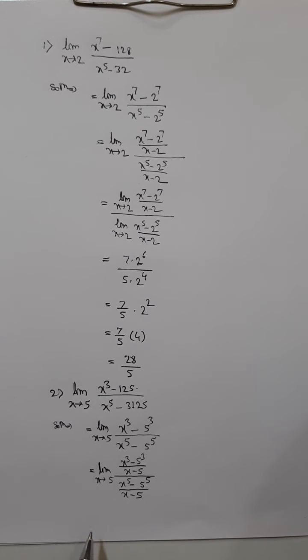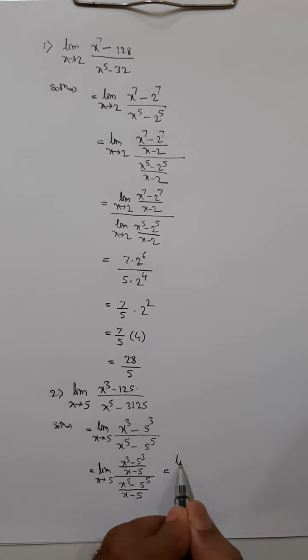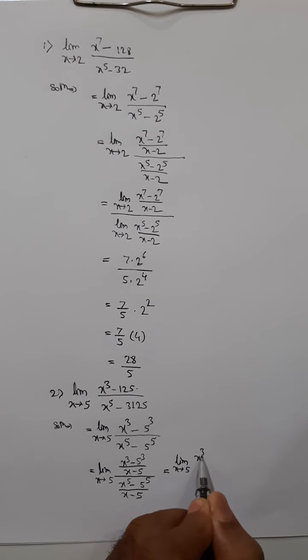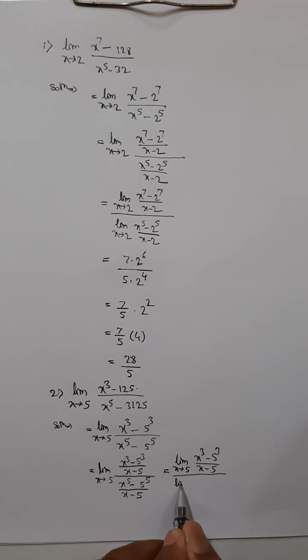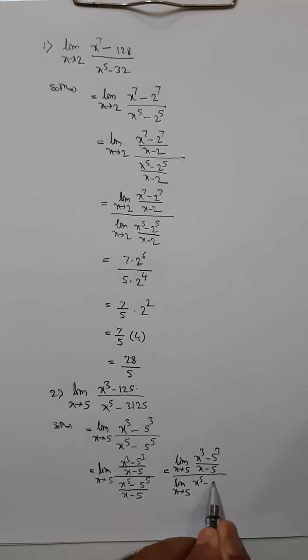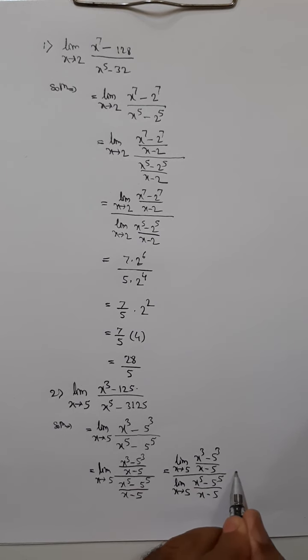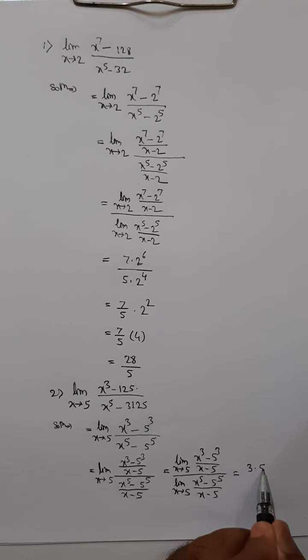And then we take the limit separately. So the limit of the numerator, limit as x tends to 5, (x cube minus 5 cube) divided by (x minus 5), over the denominator, limit as x tends to 5, (x to the power 5 minus 5 to the power 5) divided by (x minus 5). Then we apply the formula: multiply by the index, that is 3, and subtract 1 from the index, 3 minus 1 means 2.